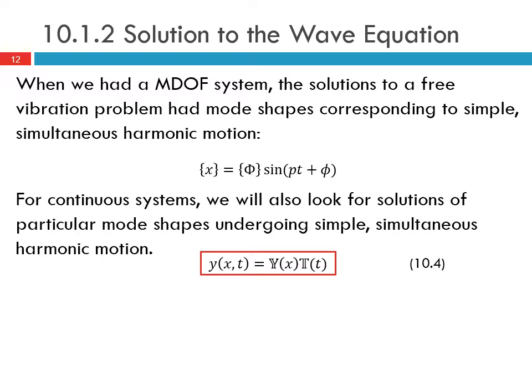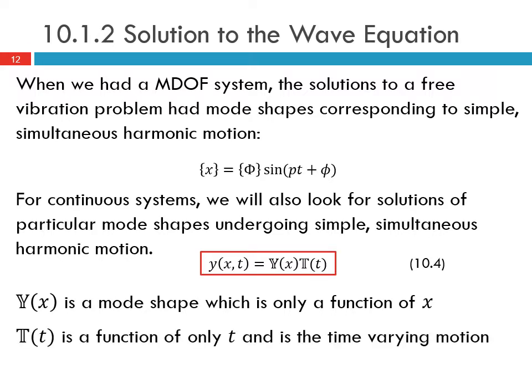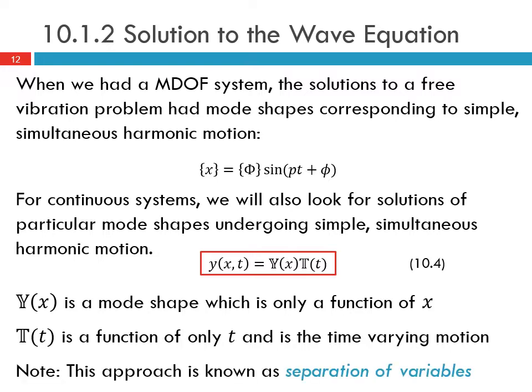So we say that our motion y of x and t is equal to some function Y of x times some function T of t. So here Y of x is a mode shape, which is only a function of x. T of t is a function only of t and is the time varying motion. This approach is known as the separation of variables technique, which is a technique for solving partial differential equations.